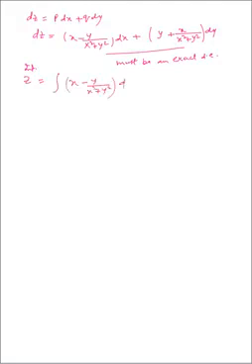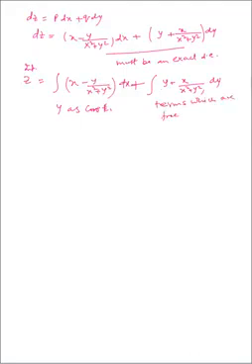Here we take y as constant, plus the integral of (y plus x) upon (x square plus y square) dy, and here the terms which are free of x, plus constant, x square upon 2.